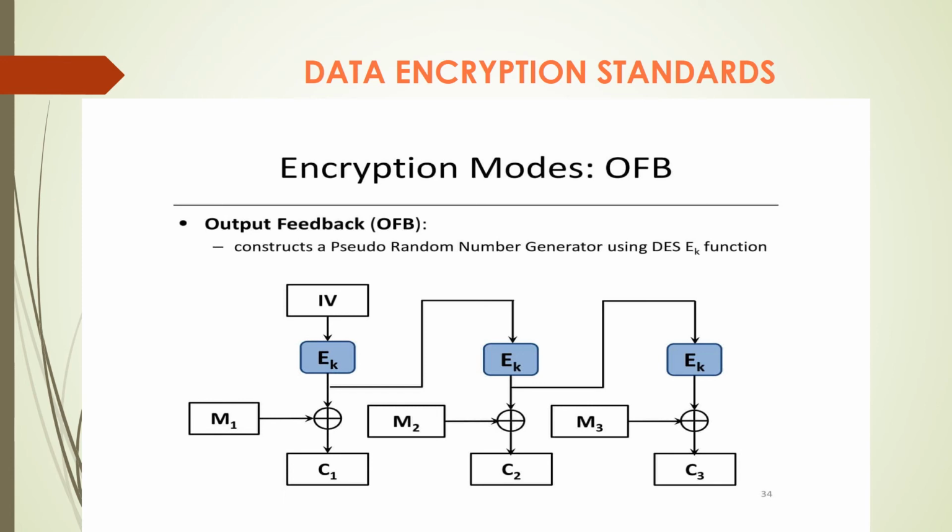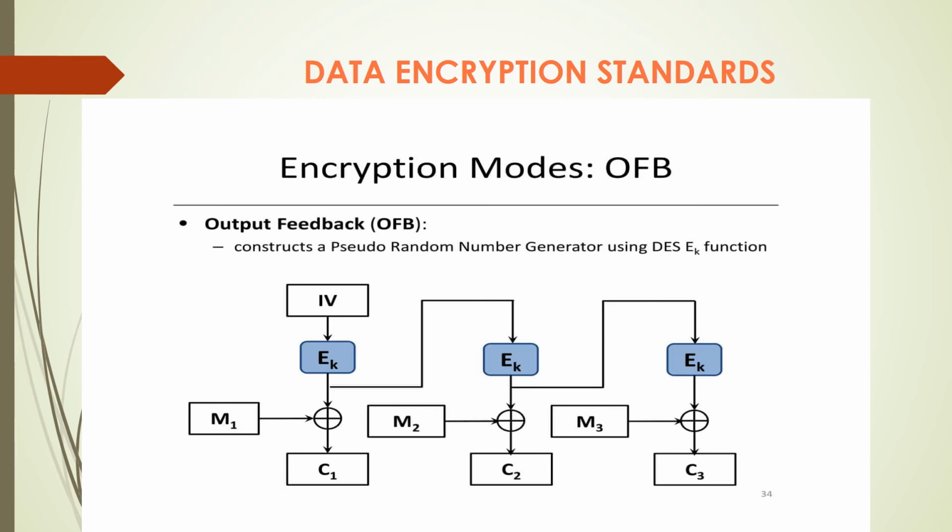In OFB mode, encryption of the same plain text with the same key using CFB and OFB mode will produce the same ciphertext for the first block but a different one for every other block.